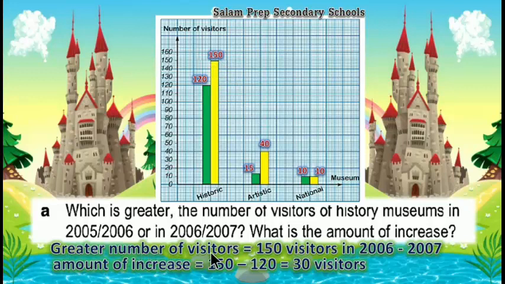Greater number of visitors, 150 visitors in 2006-2007. What is the amount of increase? Amount of increase equal greater number minus smaller number. 150 minus 120 equal 30.